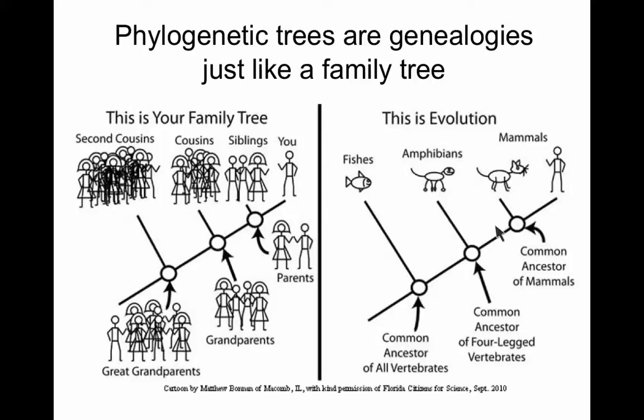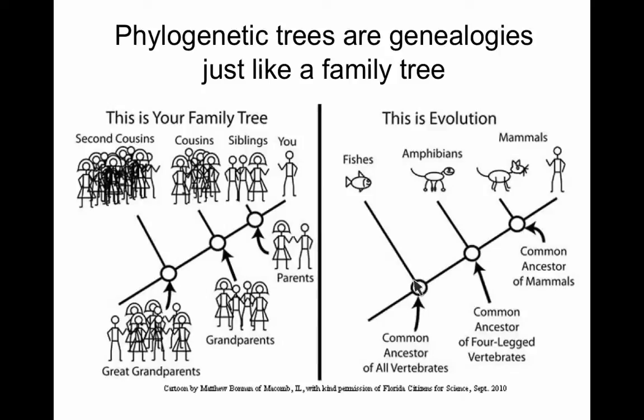And we can keep going back into our genealogy, and we will find an organism that was the most recent common ancestor of all vertebrates. This organism here gave rise to amphibians and also all other vertebrates, including mammals, or other four-legged vertebrates.